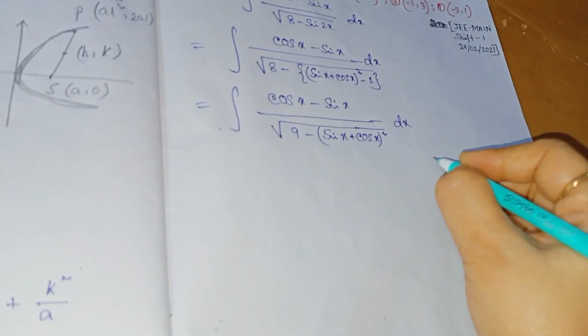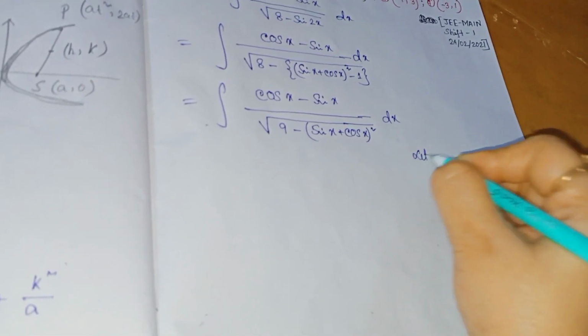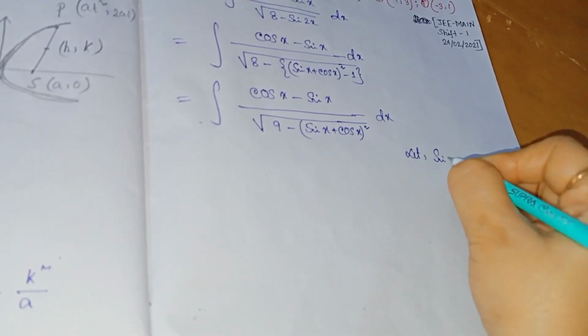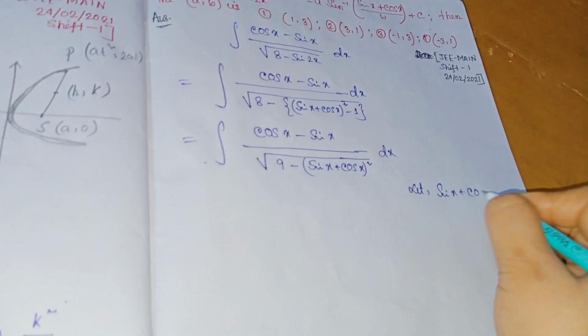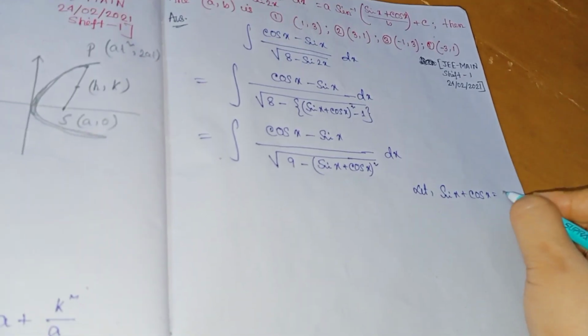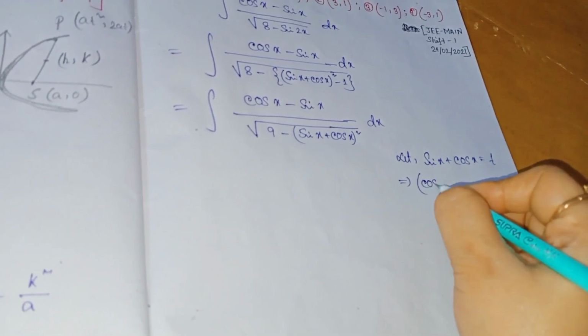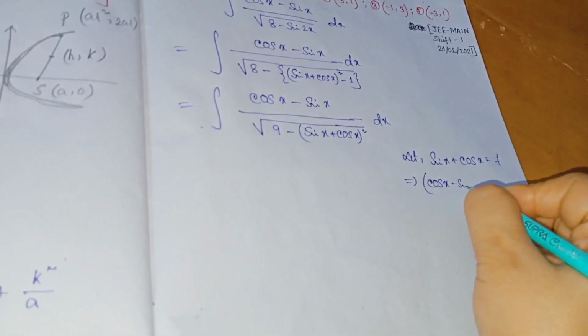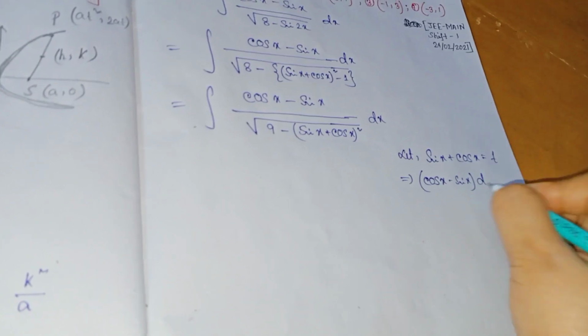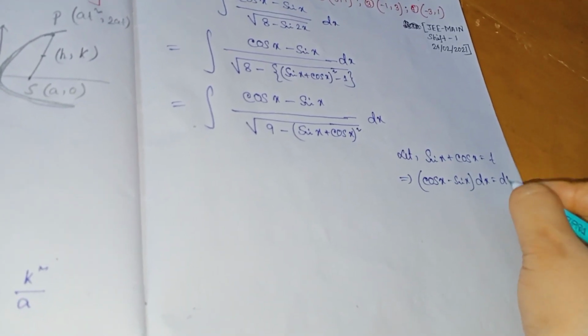Now let sin x plus cos x be equal to t, that implies cos x minus sin x dx is equal to dt.